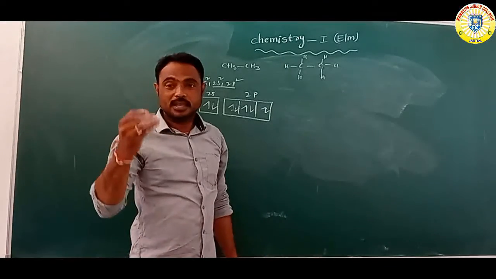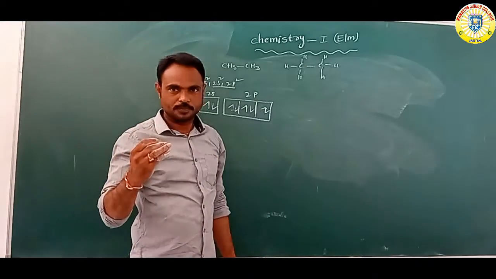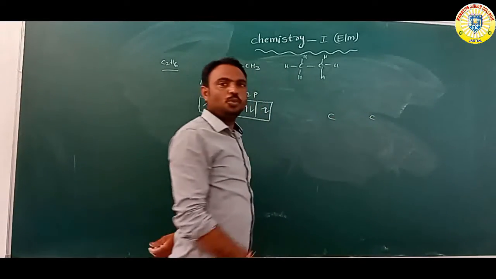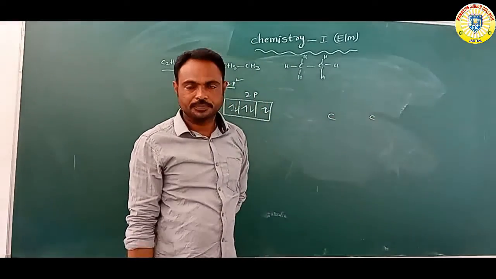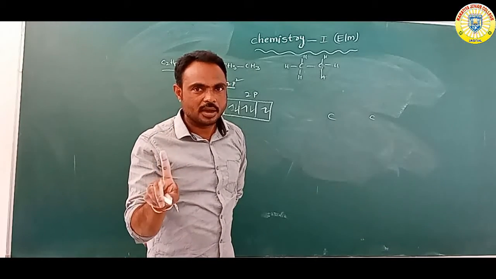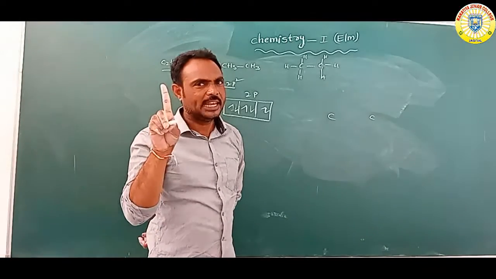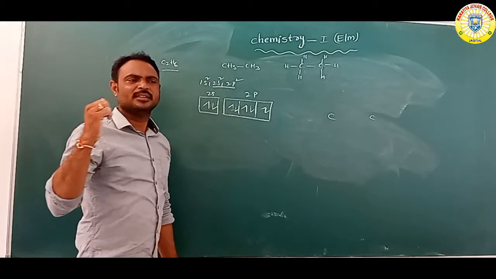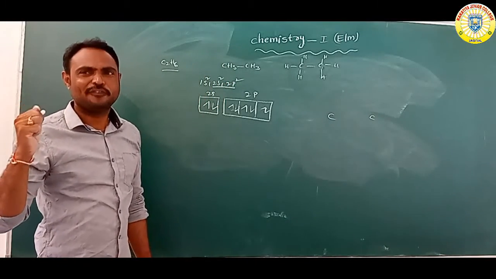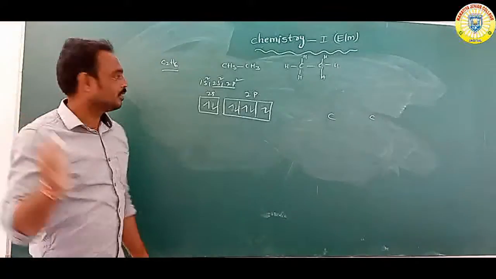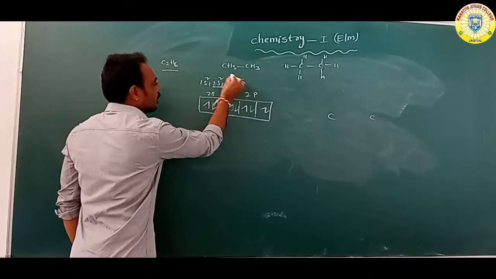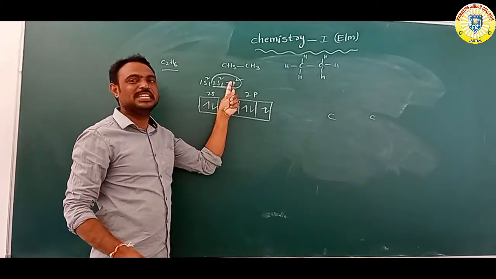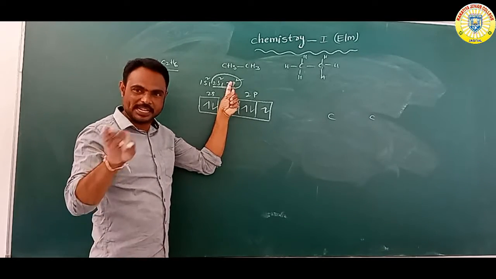So we draw the Lewis structure. There are 2 carbon atoms, and each carbon atom contains 4 single electrons. That is the valency. What is the meaning of valency? Combining capacity. The outer shell electrons, the valence shell electrons, give the valency.